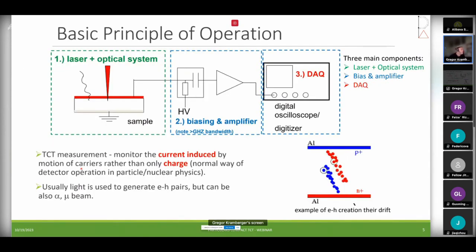So if you want, in short, this is the TCT. You have a sample, you have a laser plus optical system which shines on the surface of the sample. What you want is to mimic, here in the bottom you can have a look at how the particle ionizes the sensor. You want to do the same or a similar thing with the laser.